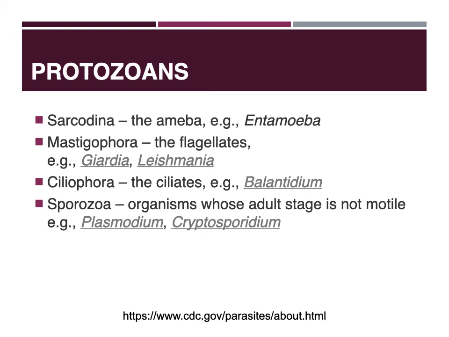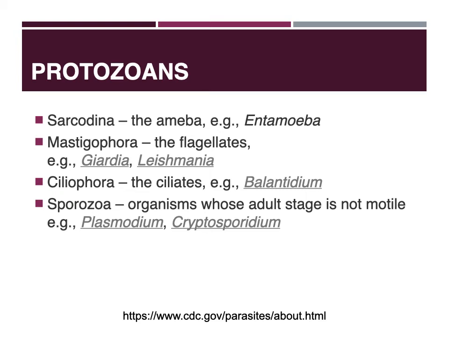The Ciliophora or ciliates have cilia that line them. You might have seen a paramecium before. So a paramecium is going to have cilia all over the surface, and that allows it to move. Just be aware that some ciliates are not motile. They actually use their cilia to move material into their food groove.